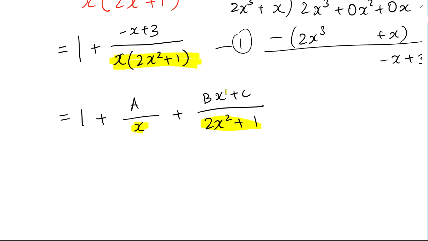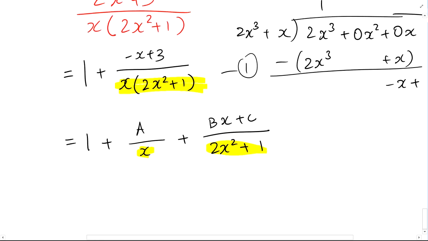Multiply throughout with the original equation. So what will you write? Multiply throughout x bracket 2x squared plus 1.